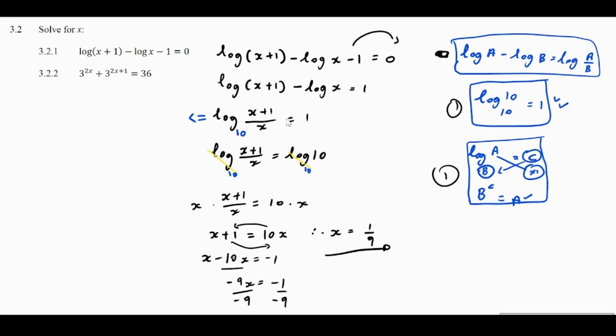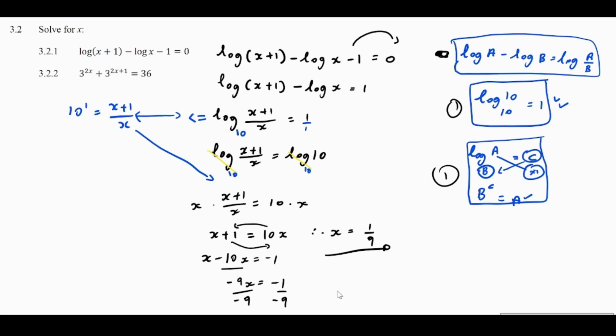So we're going to say 10 to the exponent of 1 is equal to this whole thing, x plus 1 divided by x, which is exactly what we have down there. So this is the exponential form and also the log form. You can choose one of the two methods, and either way we arrive at the same answer: 1 divided by 9.